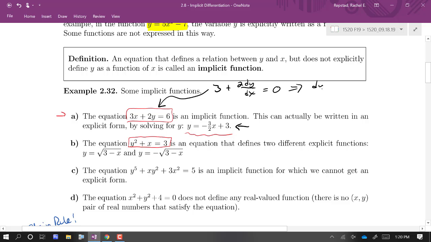Using algebra, you'll get dy/dx equals negative 3 halves, right? A constant, in fact, which comes as no surprise. Why am I not surprised that I got a constant there for dy/dx? It's a line, right? It's a line with a constant slope.